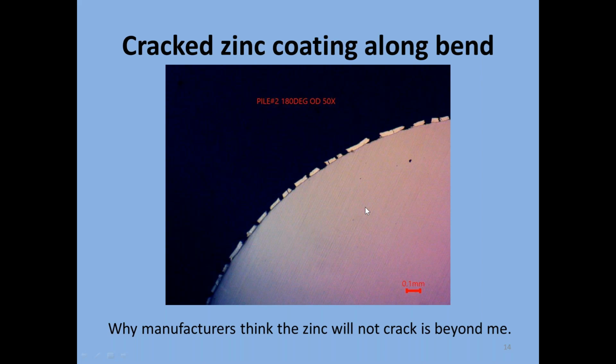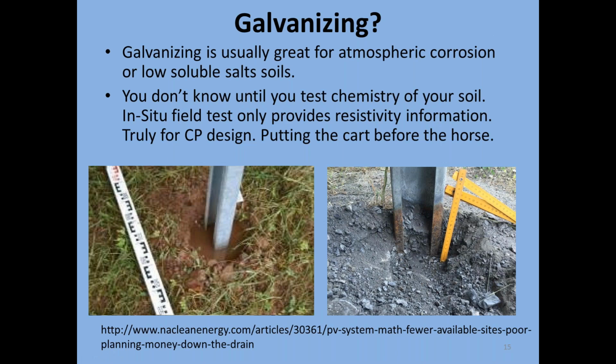Or now with all these solar structures, I'm noticing that there's a lot of cars parked under these solar parking lots, and the exhaust from the cars is causing the galvanized steel to corrode faster on those supports on the roof. It's pretty interesting. So again, like I've mentioned before, galvanizing is great for atmospheric corrosion.